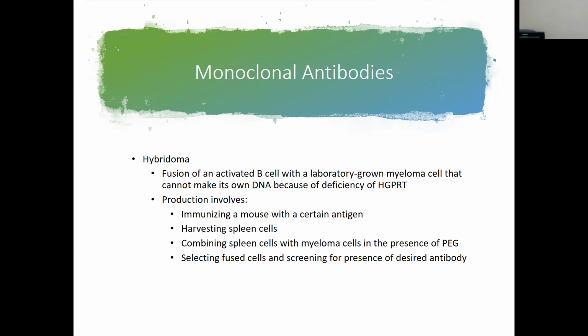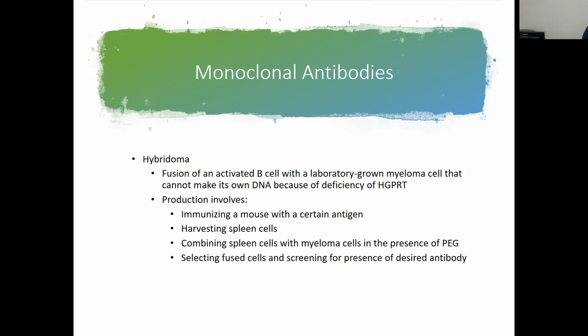If you look on your picture, you'll see they split that up. You have your mouse spleen cells with your myeloma cells cultured. These are cell cultures, and we fuse those together in the presence of PEG. And PEG's what again? Polyethylene glycol. Okay, and we place them in HAT restrictive media. And HAT, what is HAT?